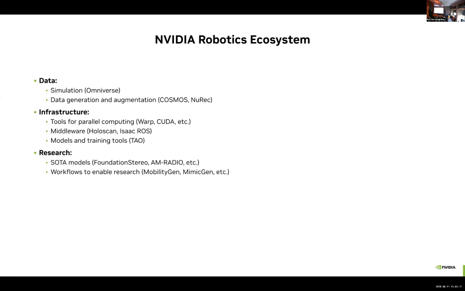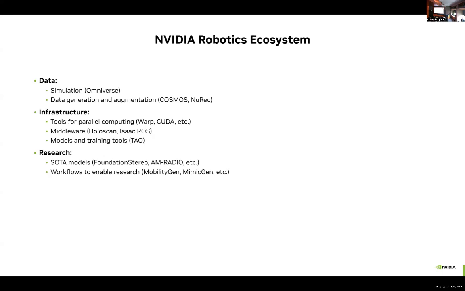So you generate a simulation scene, and then using an augmentation model, you change the appearance of that scene with a text prompt. So data is one strategy at NVIDIA to accelerate robotics. The other is infrastructure. We're well known for this. Of course, CUDA, Warp. I'll introduce Warp to those that don't know about it.